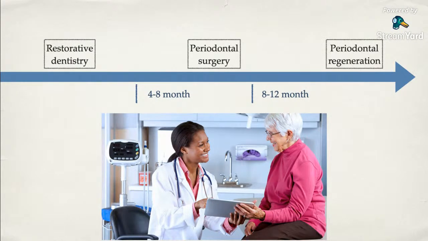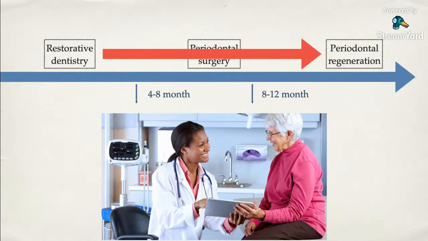And at last, periodontal regeneration. But for this endo-perio case, most cases are very limited to 1 or 2 teeth, so maybe we may go directly to the periodontal regeneration.